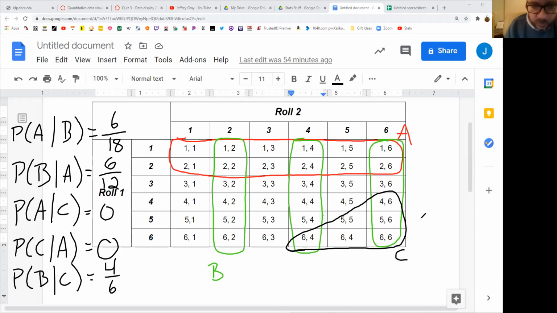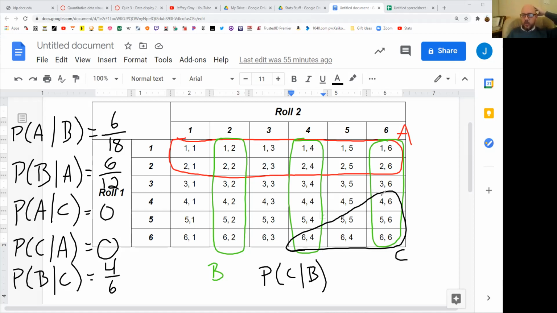And then I ran out of room a little bit here, so I'm just going to go over here. Probability of C given B. So now it is, given that we know that we have an even second roll, what's the probability that we get a total of at least 10? Well, if we know we have an even second roll, then I'm looking in event B here, so that's the green stuff.